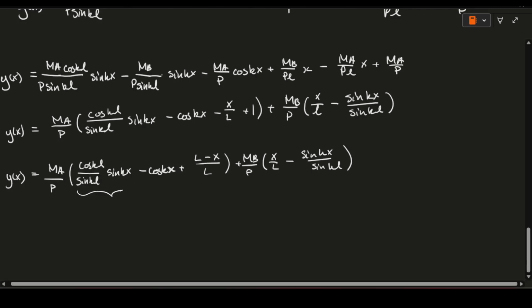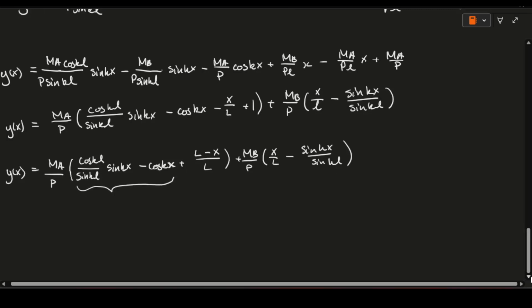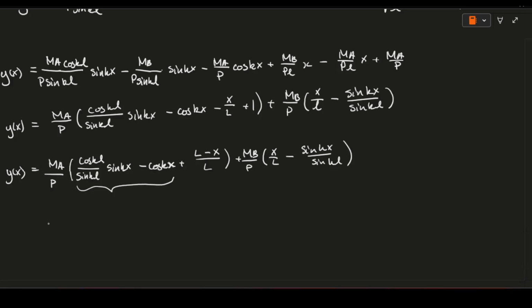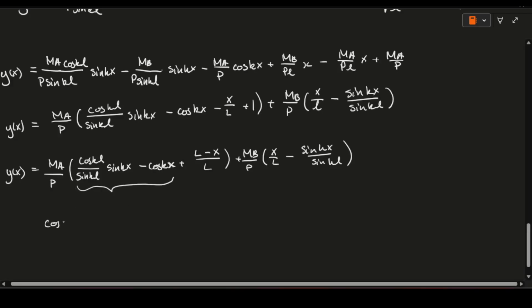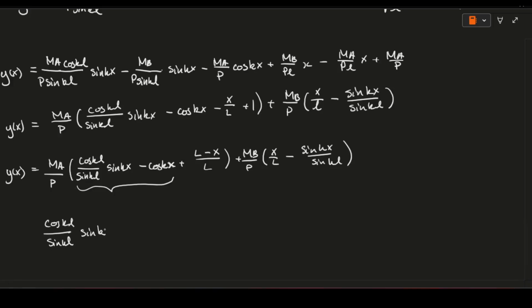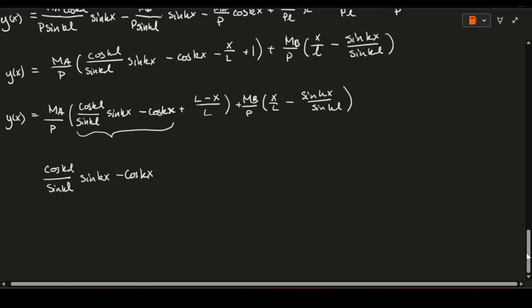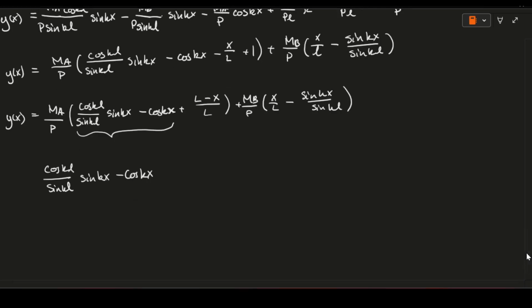So this part I can write in a simpler way. So we have cosine KL over sine KL times sine KX minus cosine KX. This term I can rewrite in a much simpler way.